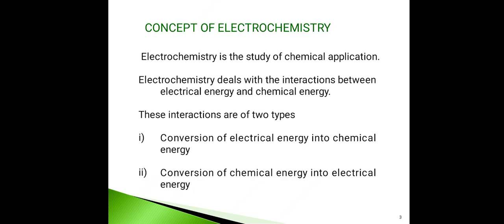Number one, the process of conversion of electrical energy into chemical energy, and the second important type is the conversion of chemical energy into electrical energy. That means electrochemistry is the study of the process of interconversion of chemical energy into electrical energy and vice versa through a very important chemical reaction, and this is electrochemistry.